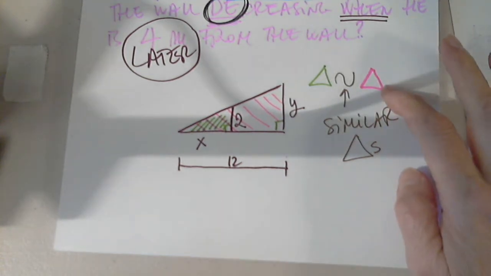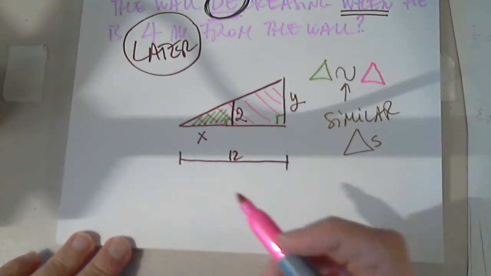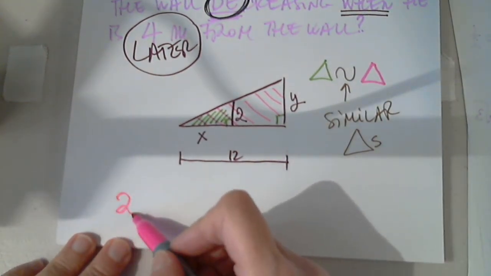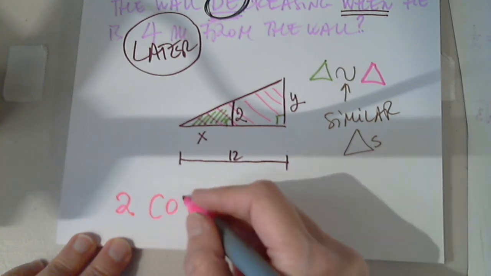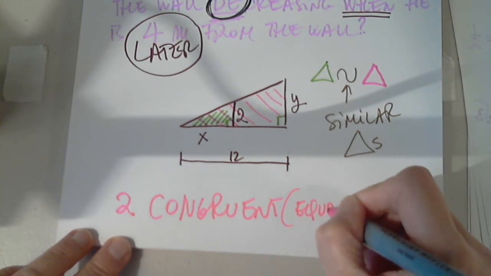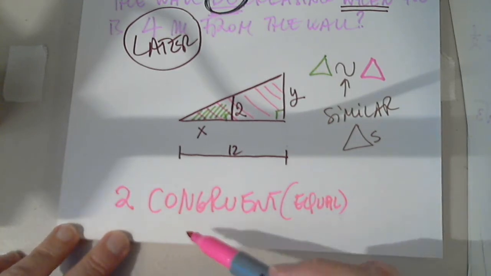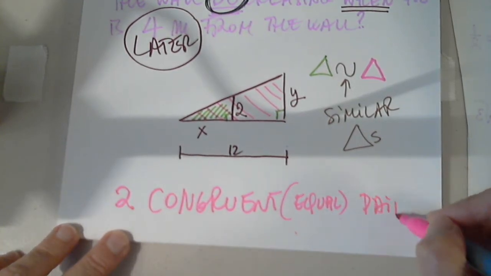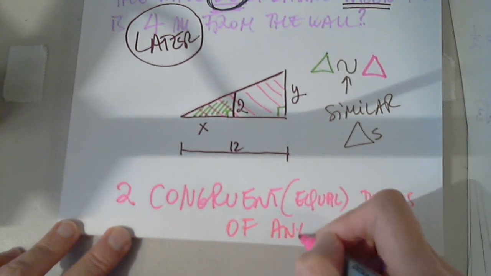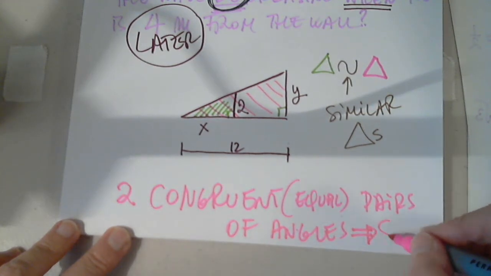I have to show why, and then I have to show what happens. Why I even think of this. Okay. So here's why. I have to show two congruent pairs of angles, congruent being a fancy word for equal. It means more than just equal, but still. Then I can conclude similar triangles.